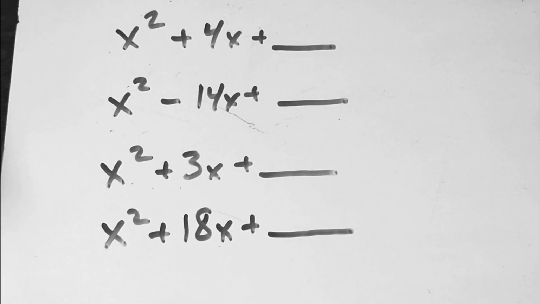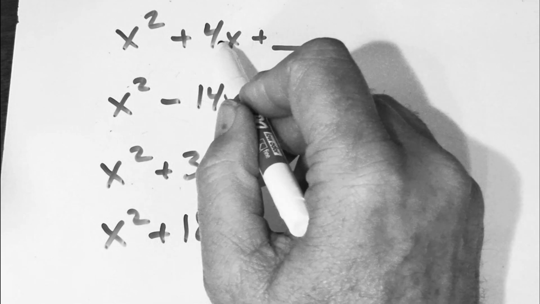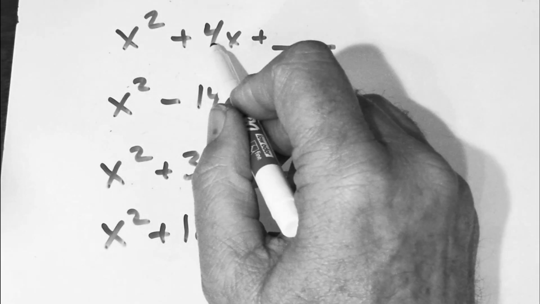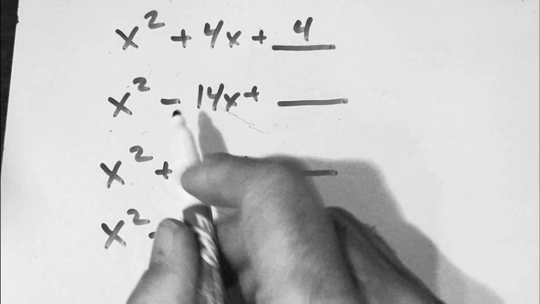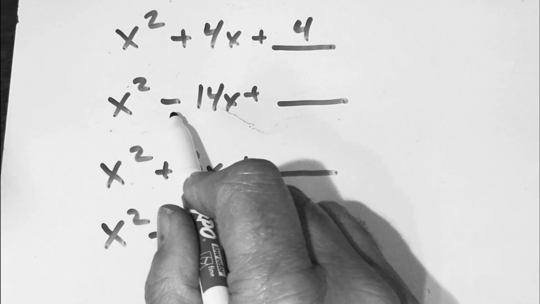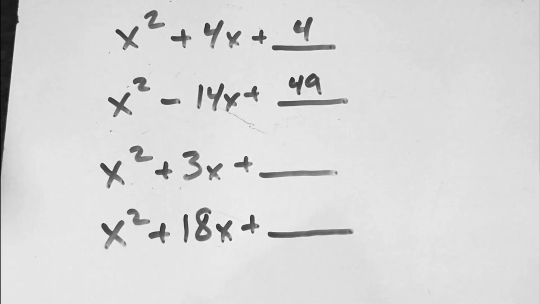Okay, what we have here are four would-be trinomials that we're going to turn into perfect squares. What we're doing is called completing the square. So we take half of that and we square it. Half of 4 is 2. 2 squared is 4. Half of negative 14 is negative 7. Negative 7 squared is 49.